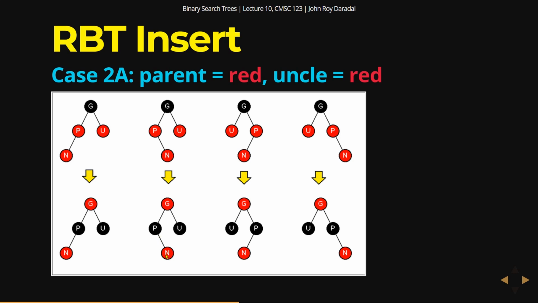The direction does not matter as long as you have a red parent and a red uncle right here, then you'll just do the recoloring of the levels. And the same thing if the parent is the right child and not the left child, it's the same pattern. So the directions don't matter as long as you have the red parent and red uncle, then just do the recoloring. That's the full set of possibilities for case 2A.